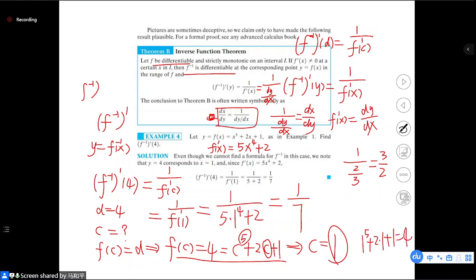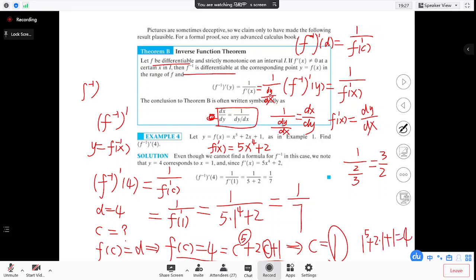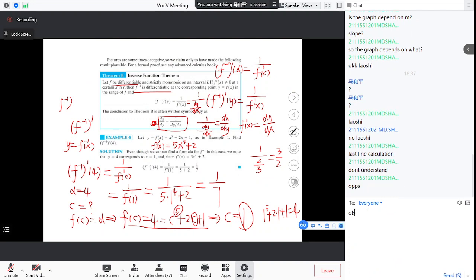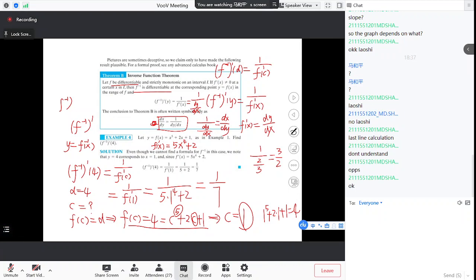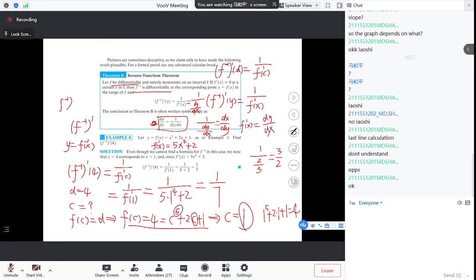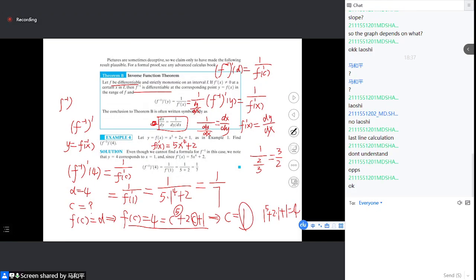We check this equals 4, so it's easy to check. But for this equation, it's hard to solve for c. We just choose a test point 1, just try to find c. So c is 1.